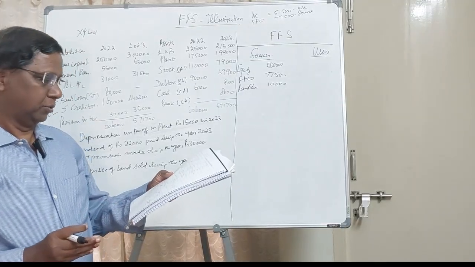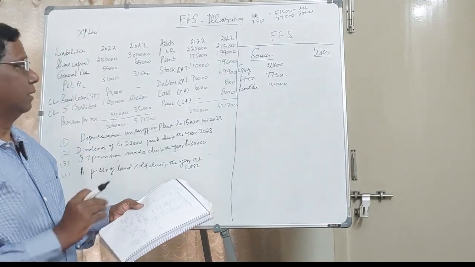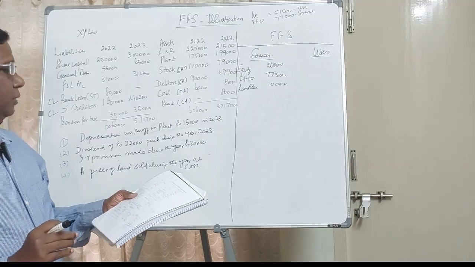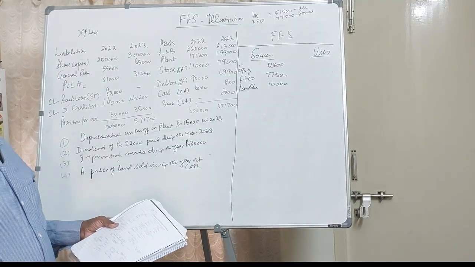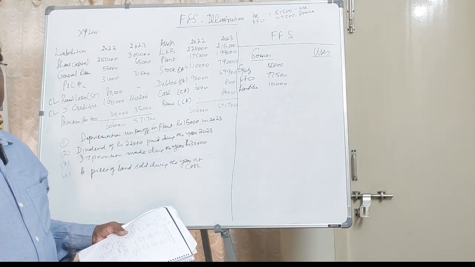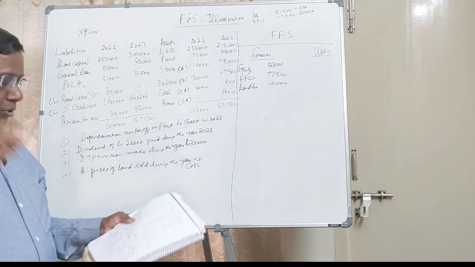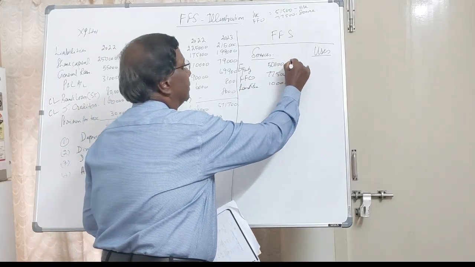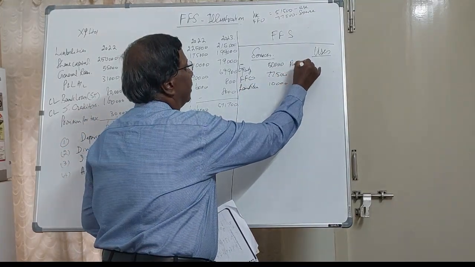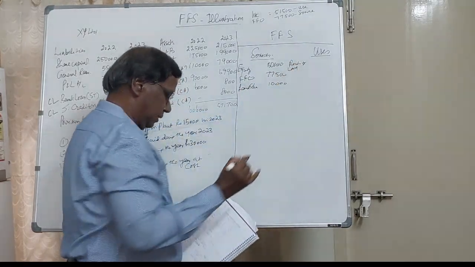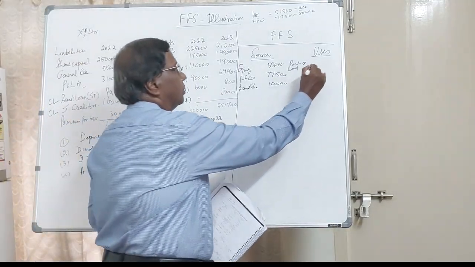Okay. So this is the one side. The other side, already told, purchase of land. Already we have discussed purchase of land, 39,000. We have arrived at it in the plant and machinery. Okay. So purchase, a use. Purchase of land. How much is that? 39,000.